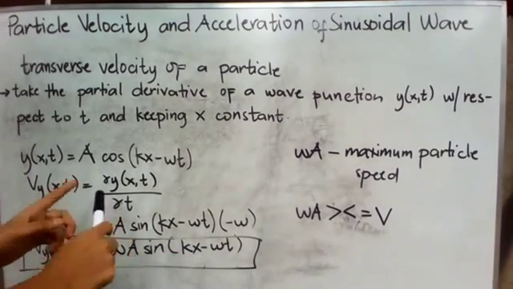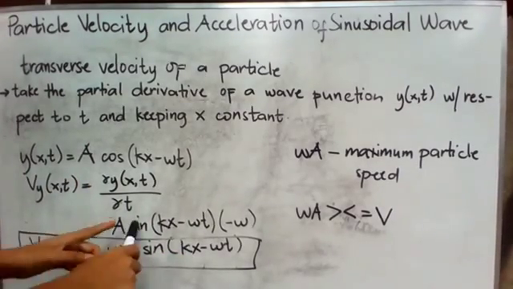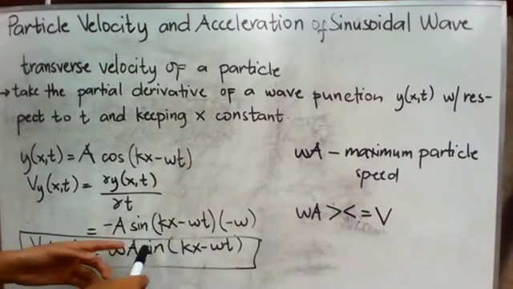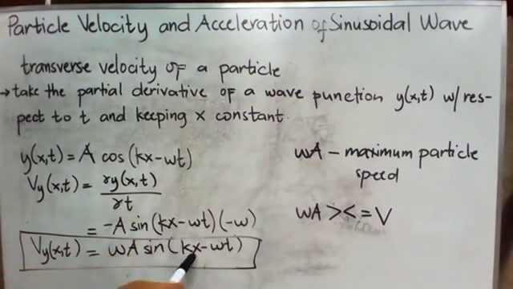Negative times negative gives positive ωA, where A is the amplitude, sin(kx − ωt). So this is now our velocity of the particle on the transverse wave.